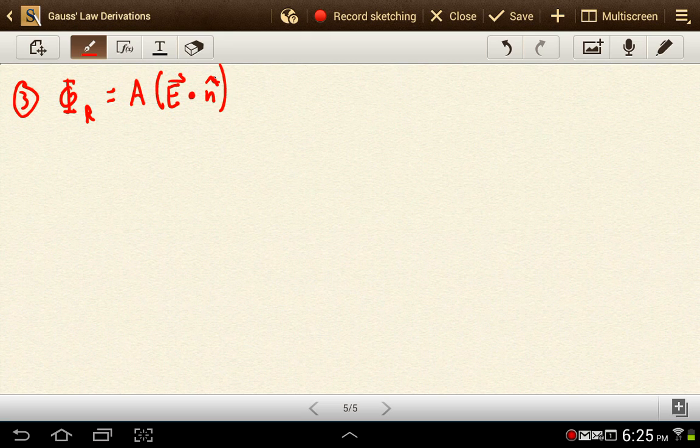We don't have to do an integral, unless your teacher says you have to do an integral, in which case do an integral. So that's going to equal A, and then we said the electric field there is defined like this. It goes in the x direction, and we know that n hat is equal to i hat there. So our flux through that right-hand side is going to be A times E.